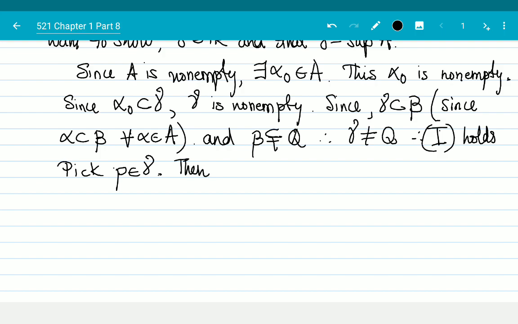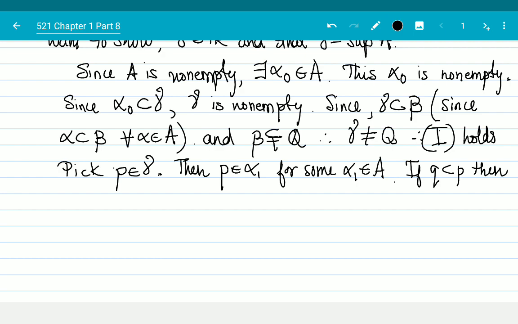Then, by definition of gamma, P belongs to some alpha 1, for some alpha 1 belonging to A, right? And if Q is smaller than P, then Q belongs to alpha 1, by property 2. Therefore, Q belongs to gamma, proving property 2.